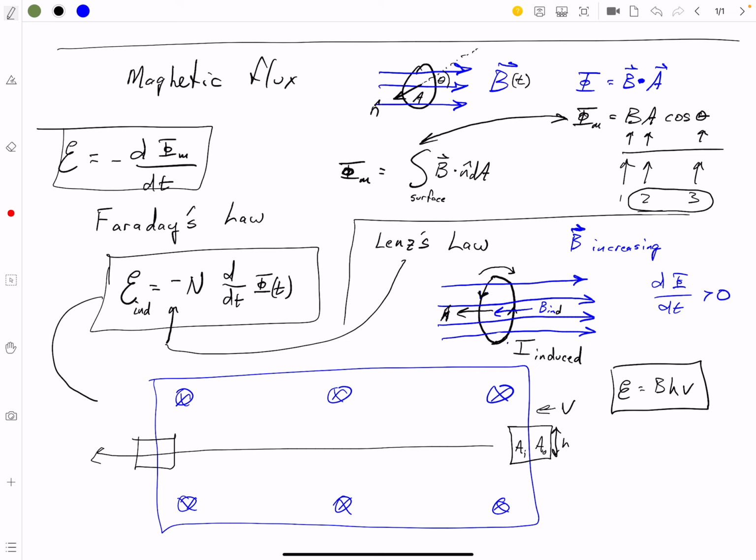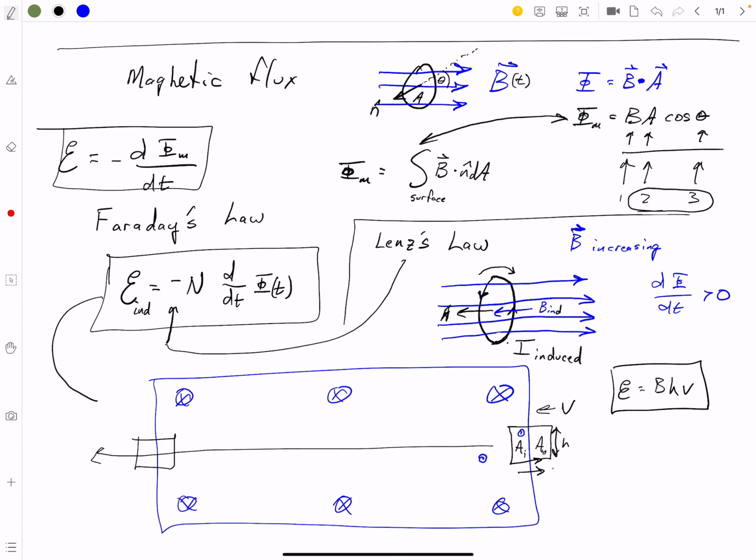So if it's increasing, then the current that gets generated wants to fight that B field. Well, if it's fighting the B field, that means it wants to produce a B field that is in this direction. How does this guy produce a B field here in this direction? Well, it does its current like this.